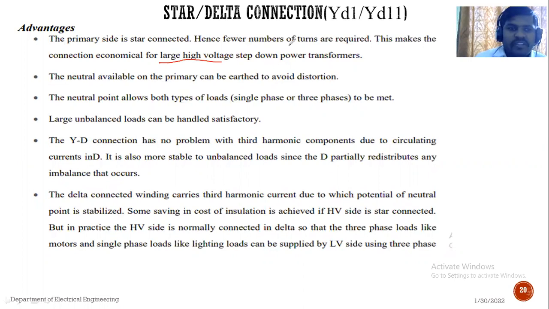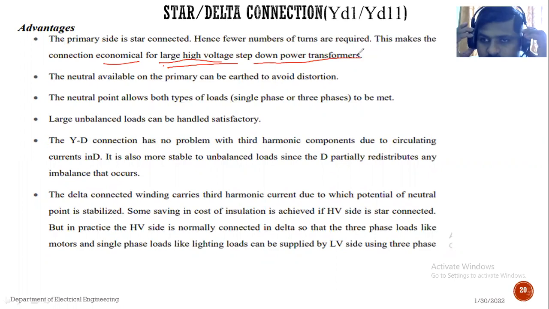So these are some options. So this type of connection is economical for large high voltage step down transformer. High voltage transformer has a big size. What will be economical or suitable for a large high voltage step down power transformer?